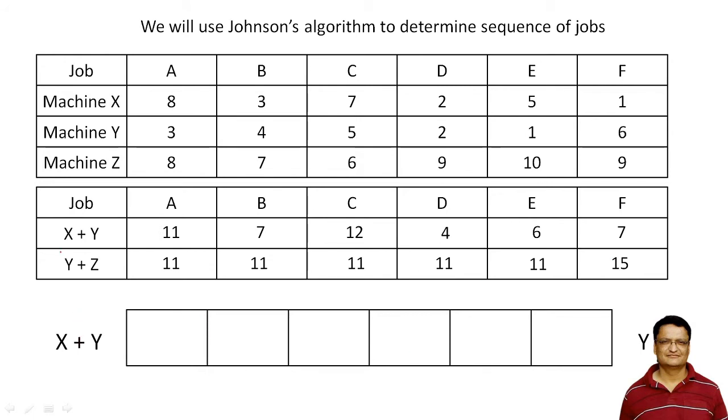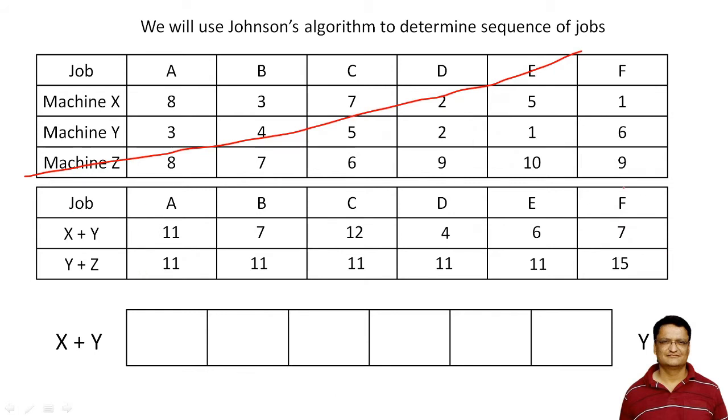I represent X plus Y on the left side and Y plus Z on the right side, because the operations must be performed in the sequence X, Y and Z, and we are ready to apply Johnson's algorithm. Now I will not use the original table; I will use only the updated table.